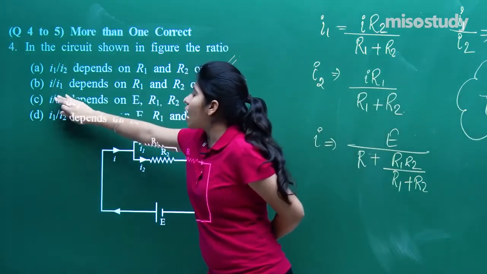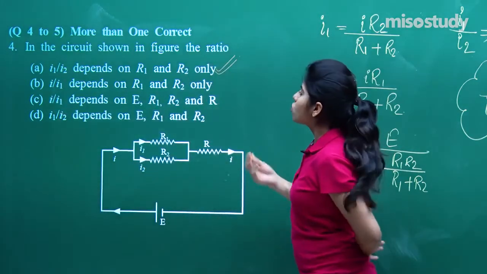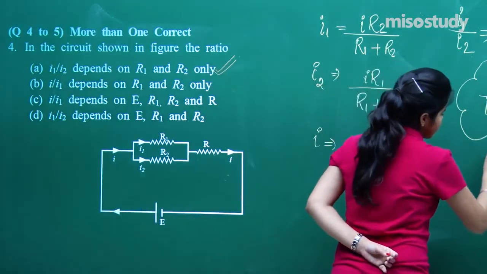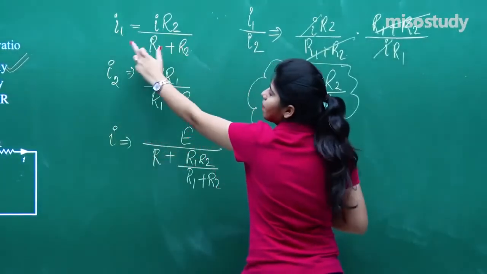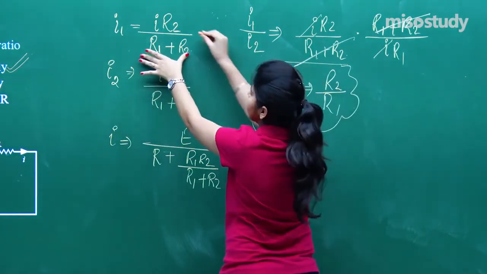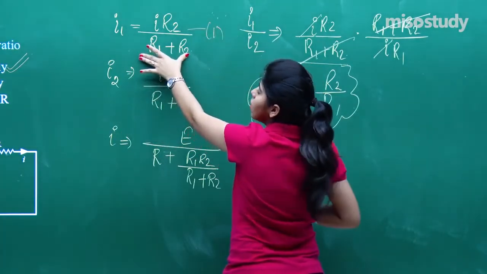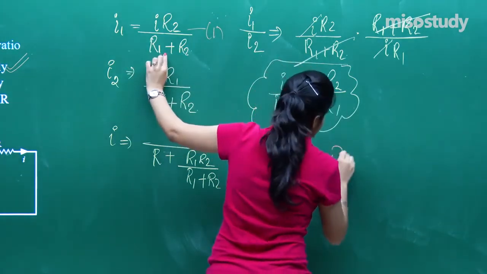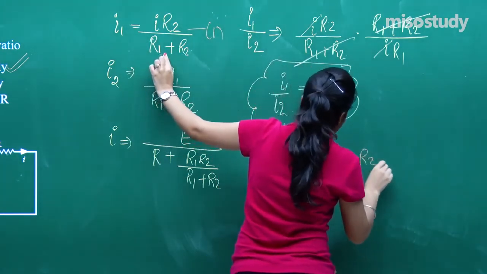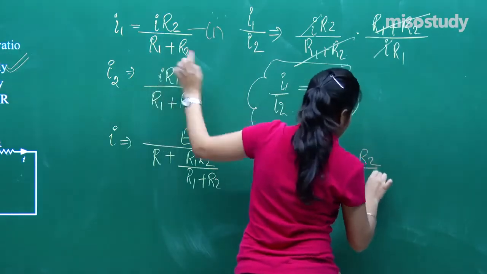We have to check for I by I1. I can directly take this I by I1 ratio from this equation. Let me say this is equation number 1. From here I by I1 will be equal to R1 plus R2 upon R2.